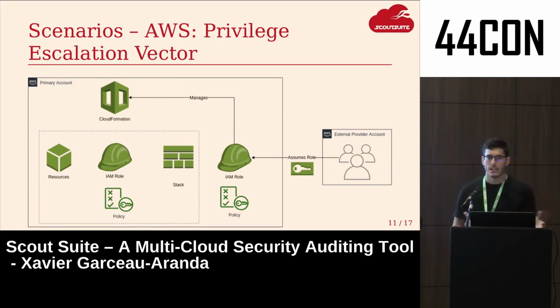So CloudFormation is an infrastructure as code service. So you write a template in YAML or JSON of the infrastructure you want to deploy. So you can say, I want one network with one virtual machine. That's it. You write the template, you pass it to CloudFormation, and it takes care of deploying these resources.